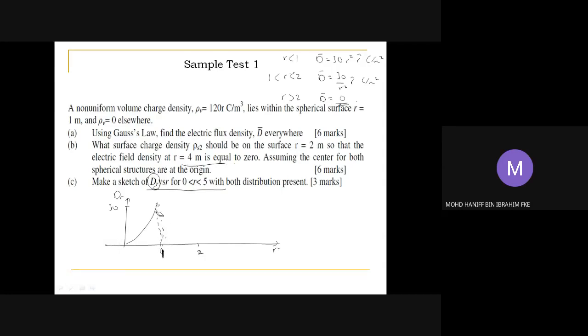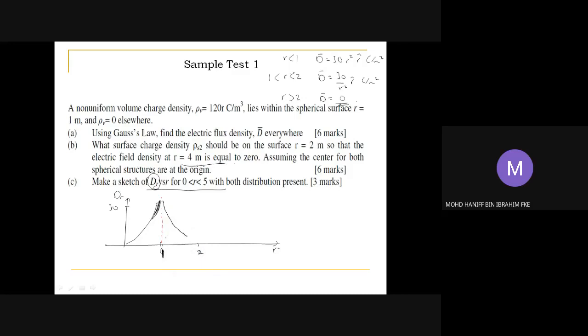Sorry for this. It should touch this 30, because at r equals 1, the D magnitude will be 30. Then for r between 1 and 2, we're going to have 30 over r squared, so there's going to be this graph down here.